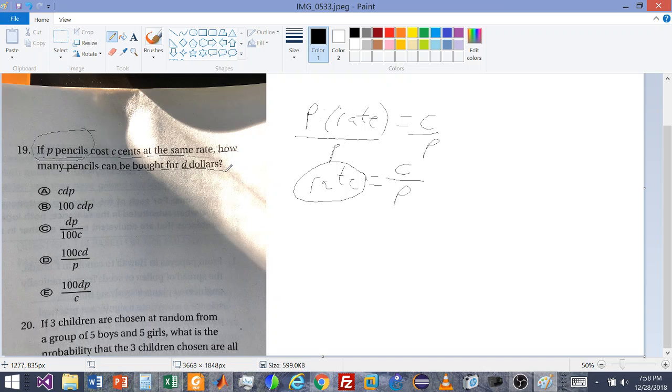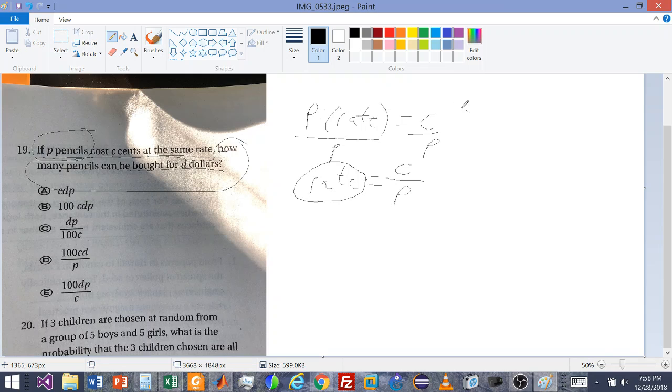So when you set up this second portion, how many pencils can be bought for D dollars? Set up the same equation here, but understand that you have to put in some sort of conversion rate for dollars to cents, which we know there's 100 cents in $1.